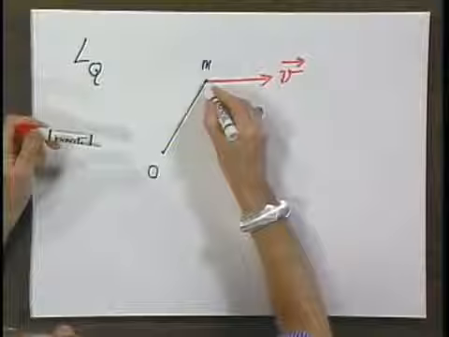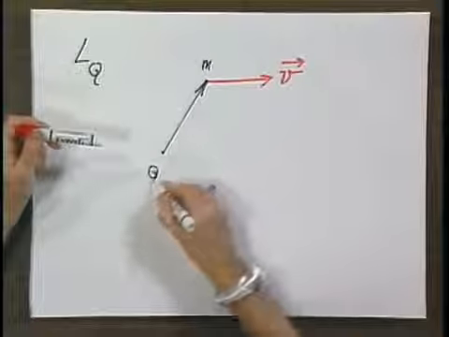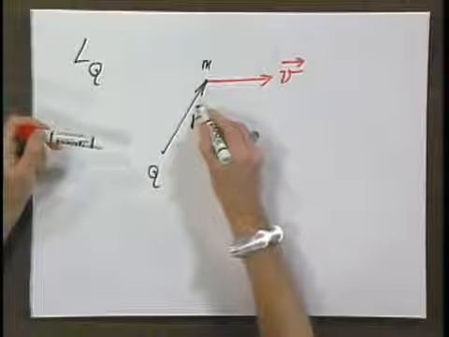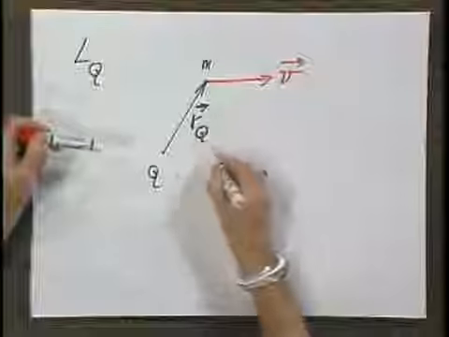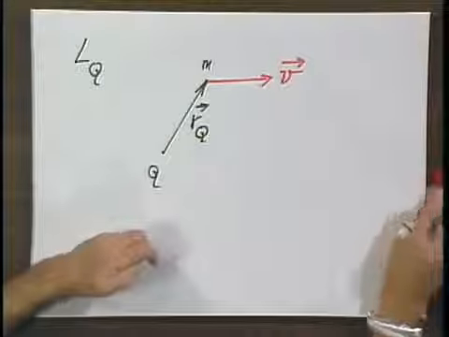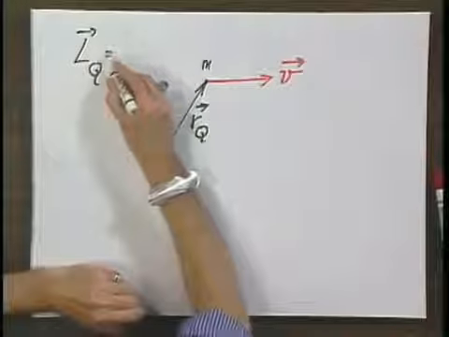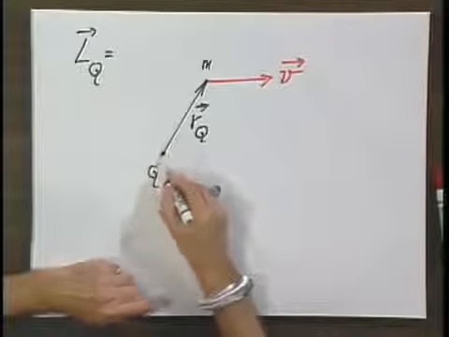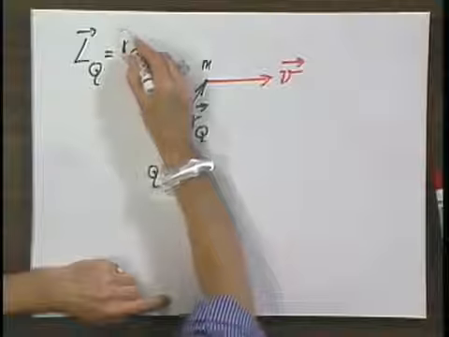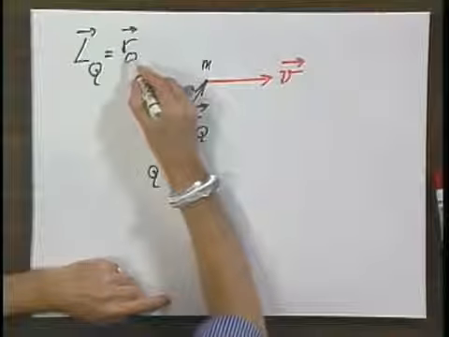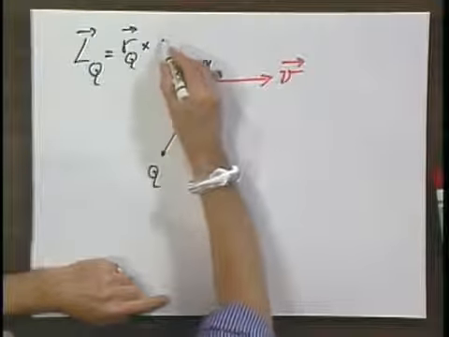Mass m, and this is the position vector r of Q. L of Q, the angular momentum relative to point Q, is defined as the position vector relative to point Q cross p.